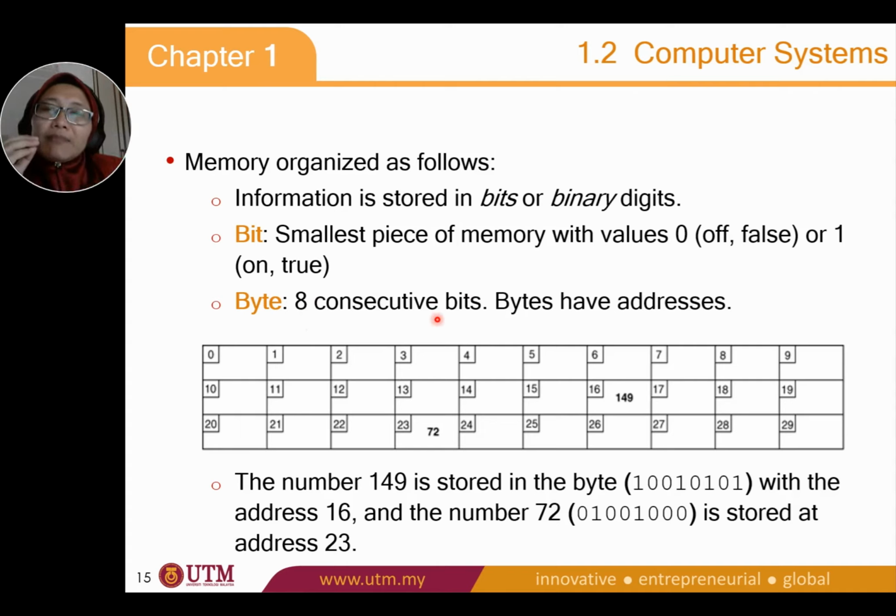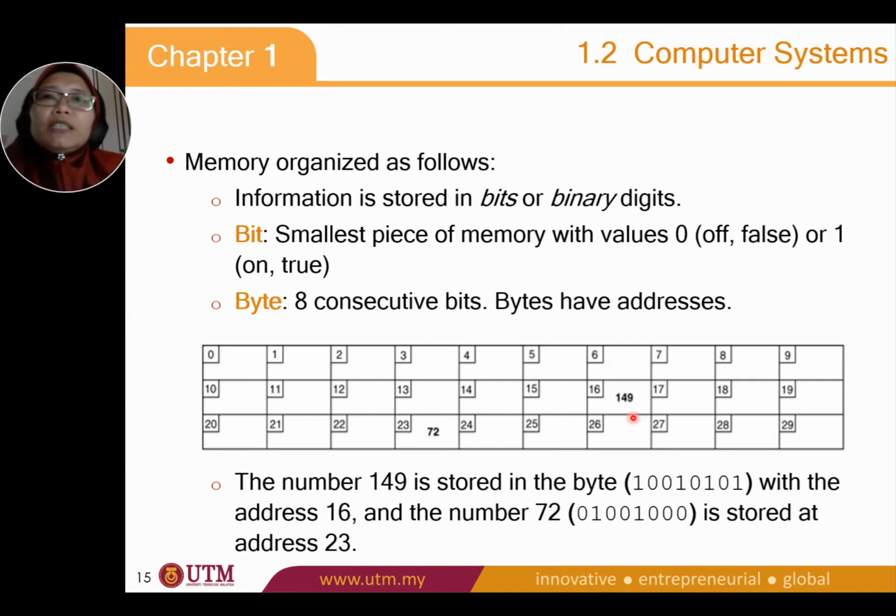Now, what about byte? A byte is made up of 8 consecutive bits, and bytes have addresses. What does this mean? Have a look at this figure right here. Boxes with even smaller boxes on the upper left part of the box with numbers. Here we have an actual number stored in this box.